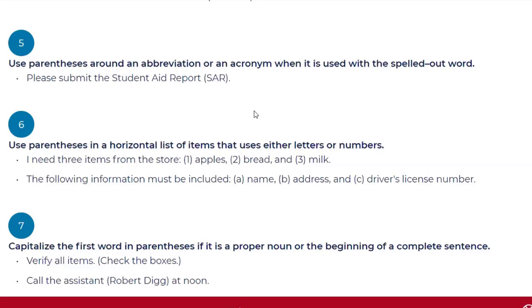That means we also use parentheses to write short forms of words. For example, a student aid report: we can make an acronym, meaning we can take the first letters of these words and make an abbreviation. So SAR. When you want to put short forms, abbreviations or acronyms, you give them after the full spelled out words, and then you put that in the parentheses.